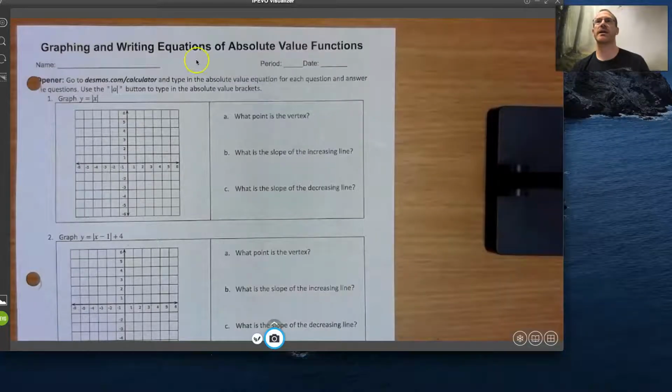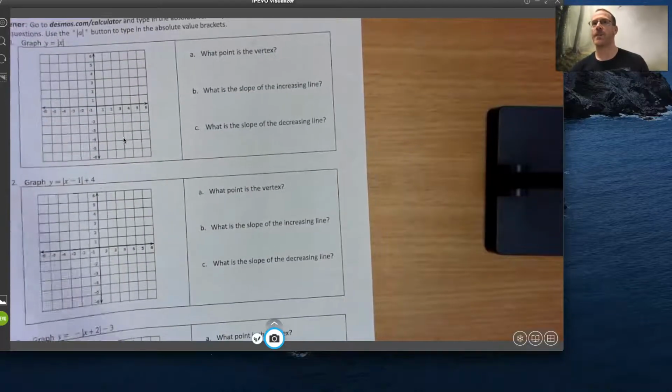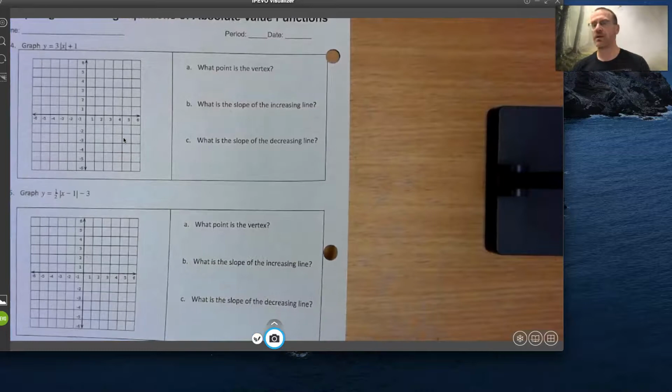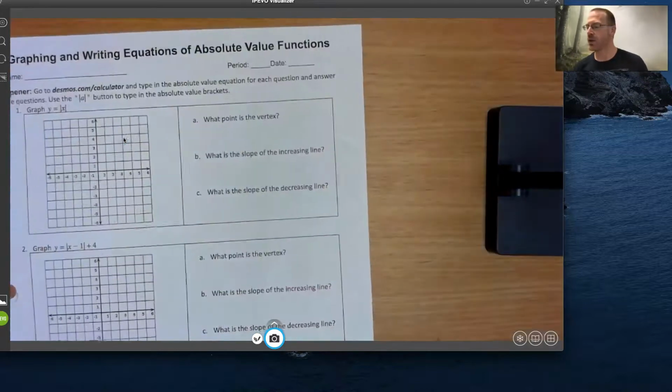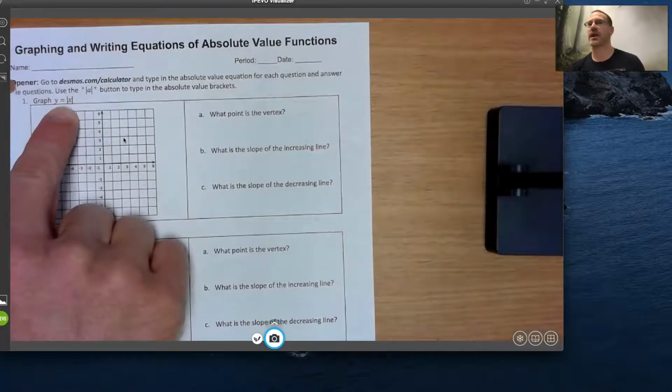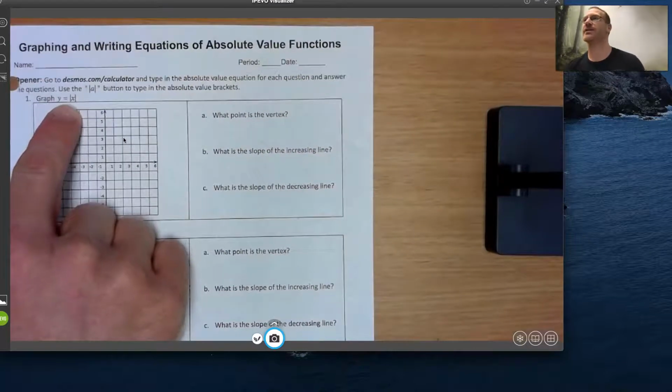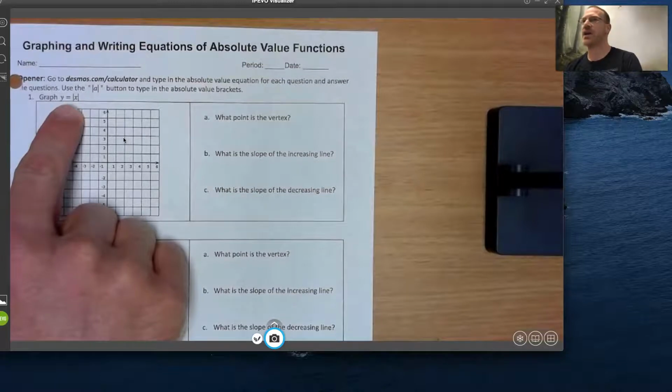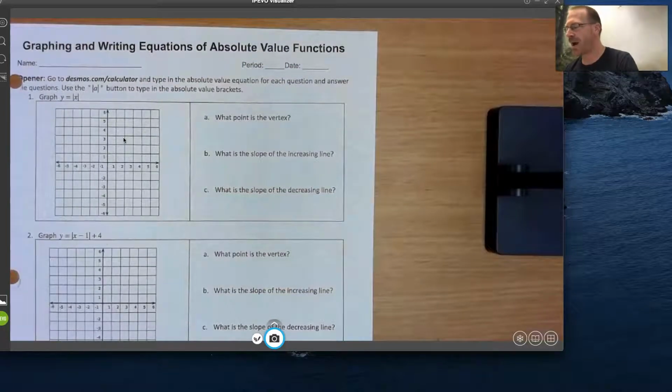So here's what I would like you to do. Go through. You have this page, 1, 2, and 3. You have 4, 5, and 6 on the back. Graph this, take this, put it in Infinite Campus. That's not what I want you to do. I want you to put it in Desmos. Infinite Campus will not help you. I don't know why that came out of my mind.